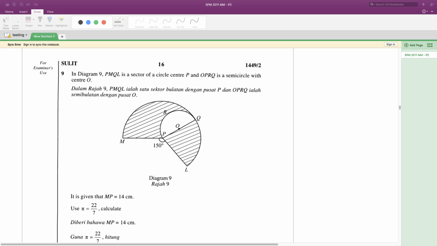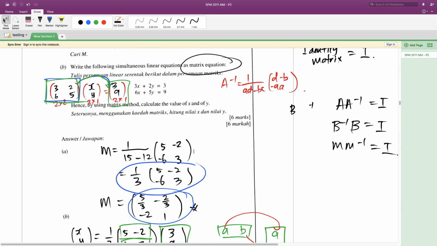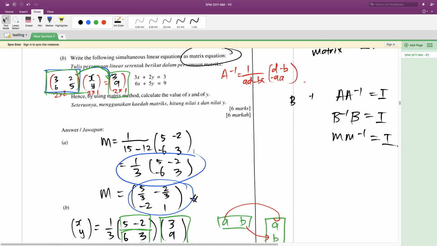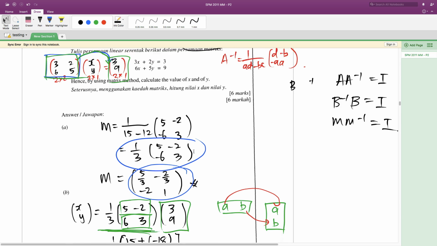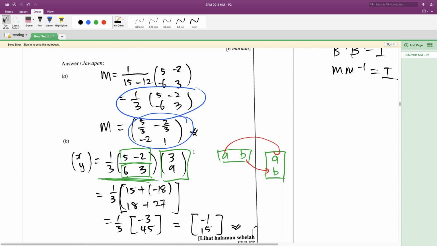You didn't get the same answer, so let's have a look again. Maybe I did something wrong. Oh, I forgot one of the negatives. My bad. Over here, this one should be negative 6, not positive 6.